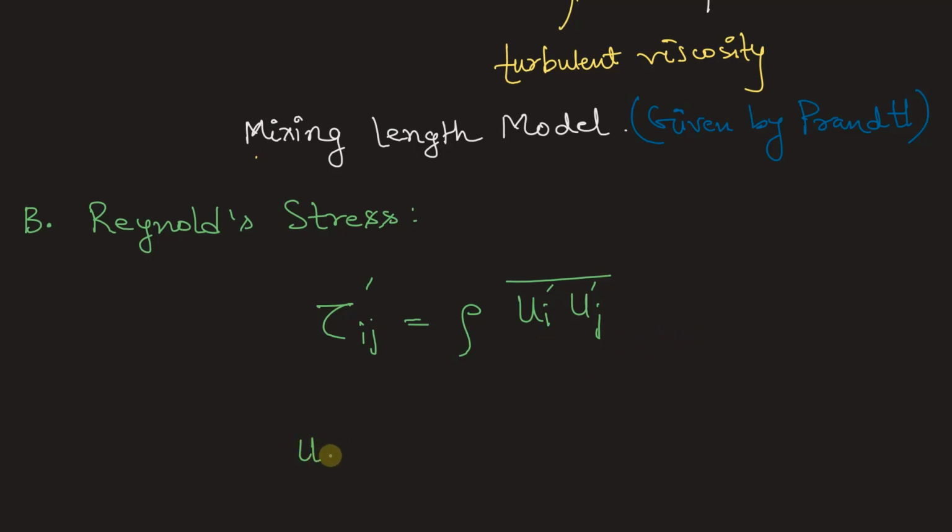So ui, that means velocity in the x direction, can be written as the mean velocity in that direction, ui bar, plus ui dash, that is the fluctuation in the x direction. Similarly for the y direction we can write in the same manner.